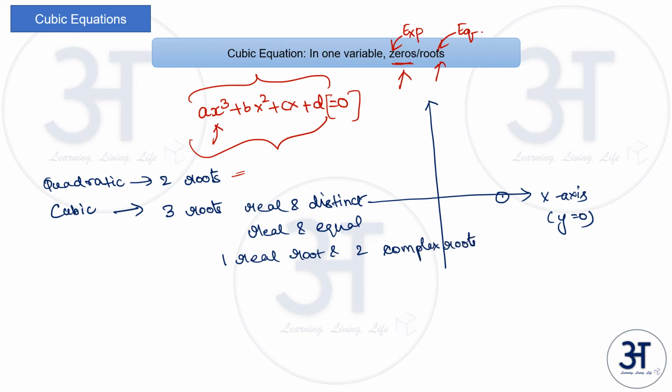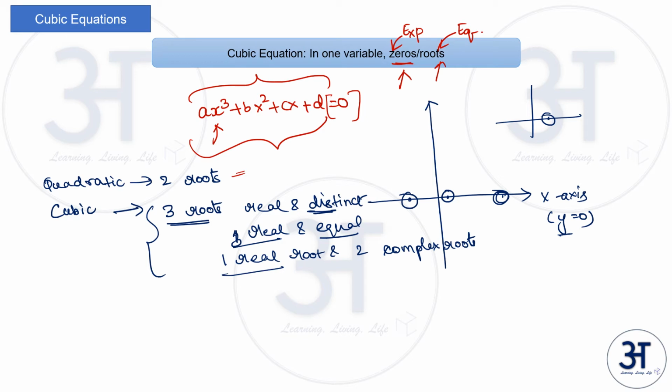So once you know that these are different cases, if there are 3 real roots which are distinct, you will see the graph intersecting x-axis at 3 different points, right? If there are 3 real roots which are equal, then obviously the graph will intersect the x-axis only at one point.